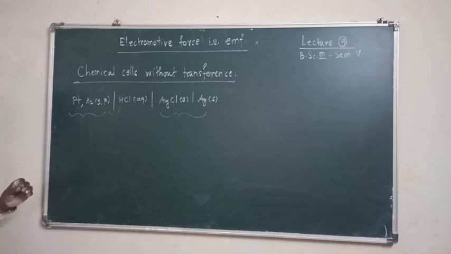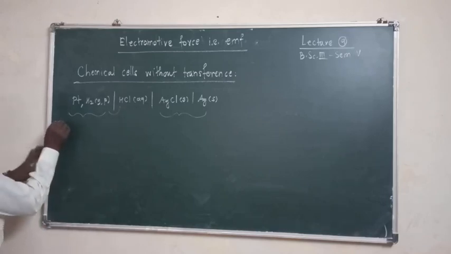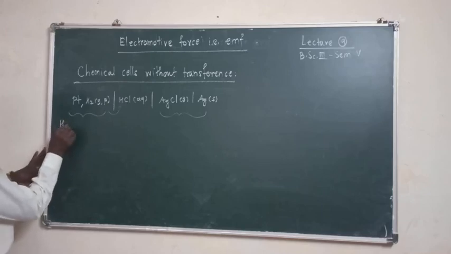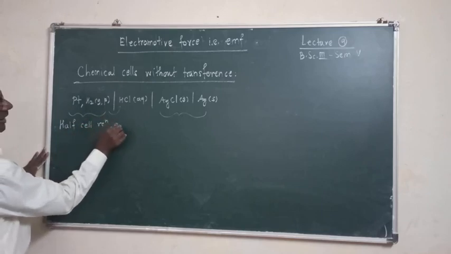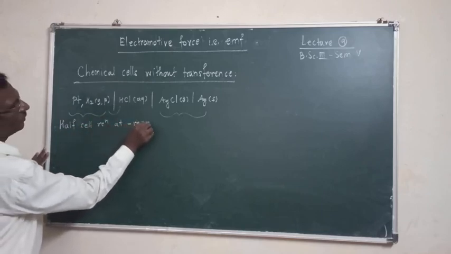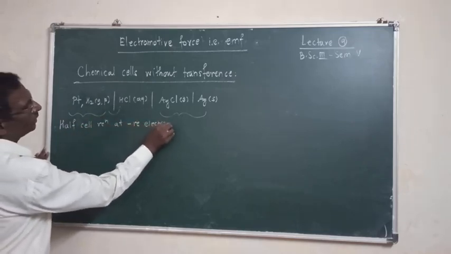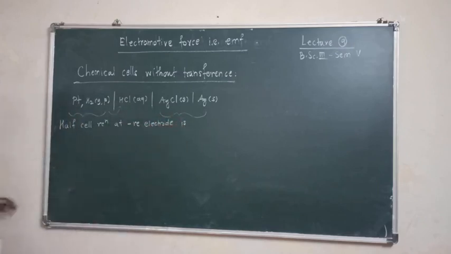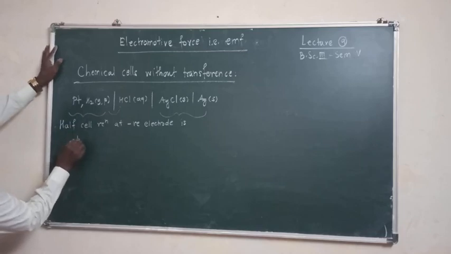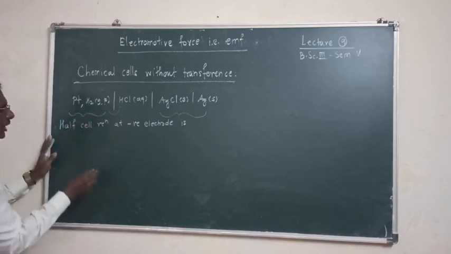Let's find the half cell reactions and EMF of the cell. First of all, I have to write the half cell reaction. The half cell reaction at the negative electrode: at the negative electrode oxidation takes place.